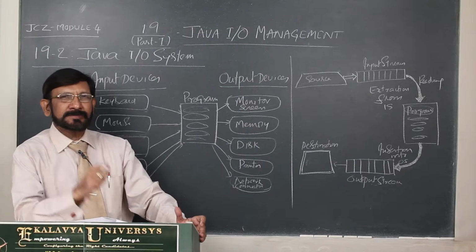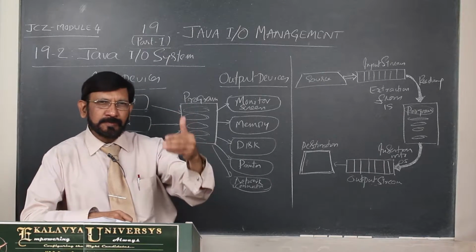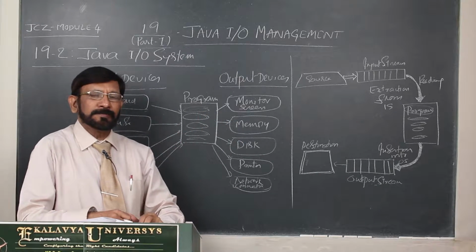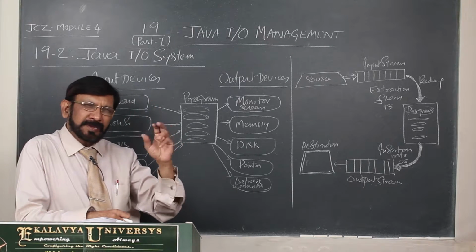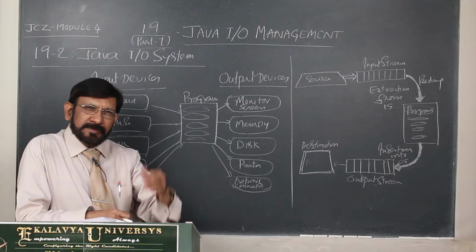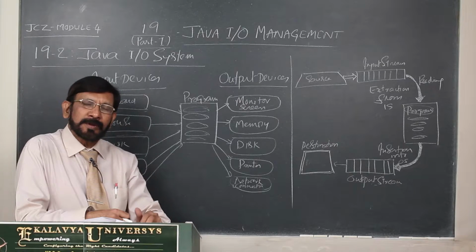Now let us see the structure, what input stream classes are doing and what output stream classes are doing. First we should have an idea. If many students have only an abstract idea, when anybody asks questions they are not in a position to answer properly.